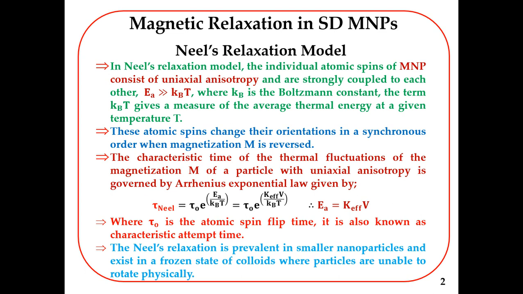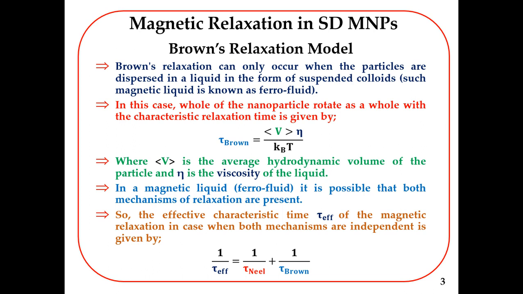The Neel relaxation is prevalent in small nanoparticles and exists in the blocked state of colloids where particles are unable to rotate physically. Brownian relaxation applies when the particles are dispersed in some liquid and are in the form of suspended colloids, such as the magnetic liquid known as ferrofluids.